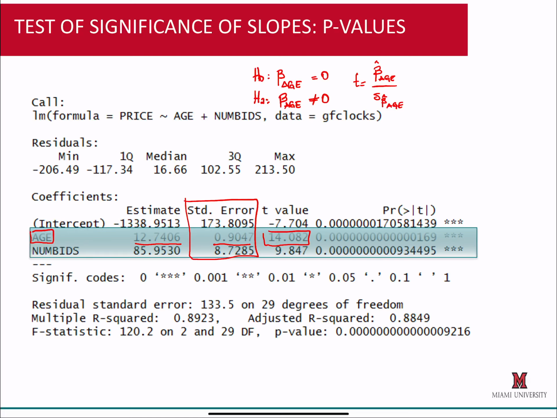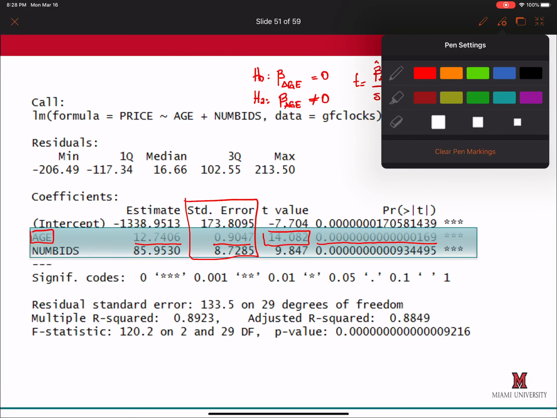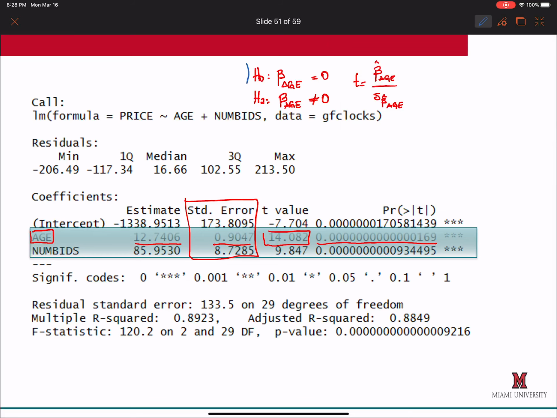If we look at it in terms of probability, what are the chances that we get a t-statistic as high as that or higher, given that the null hypothesis, and this is an important part, that the null hypothesis here is true, and we get a 0%.